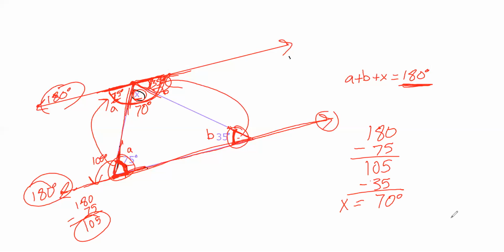Now, if we take this theory and this idea of a triangle always, always, always equaling 180 degrees, let's transfer that over to a quadrilateral.